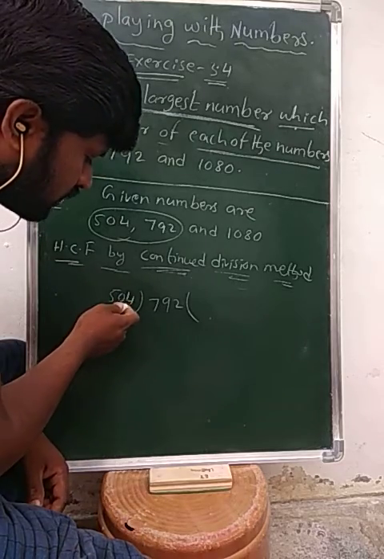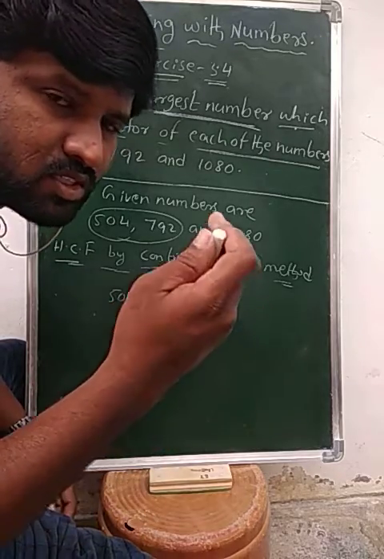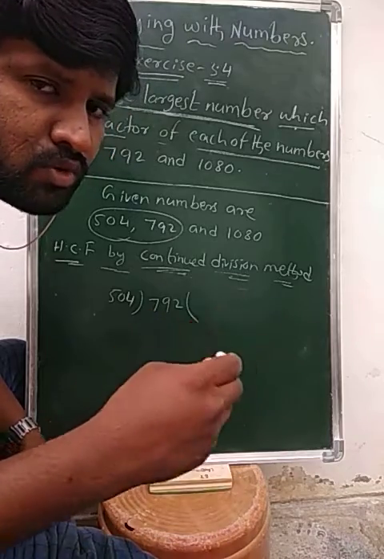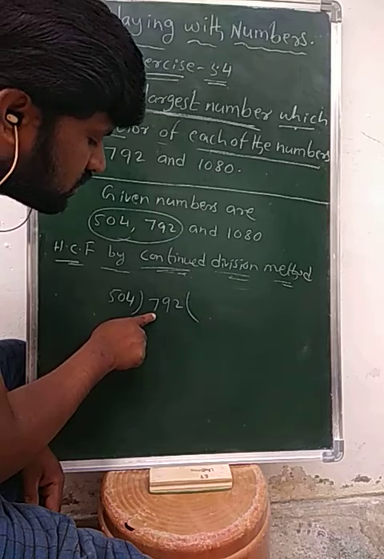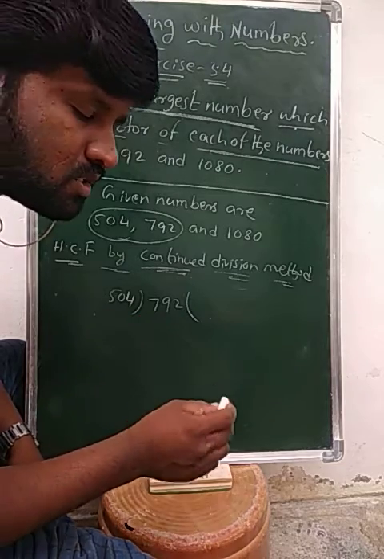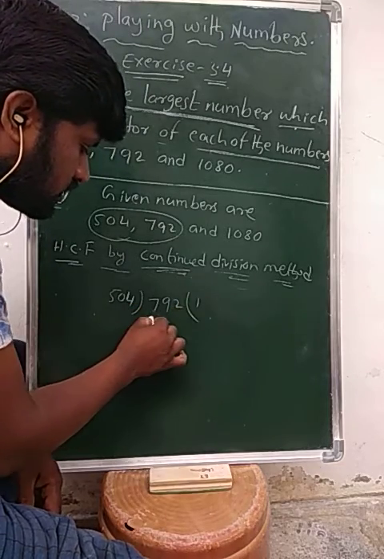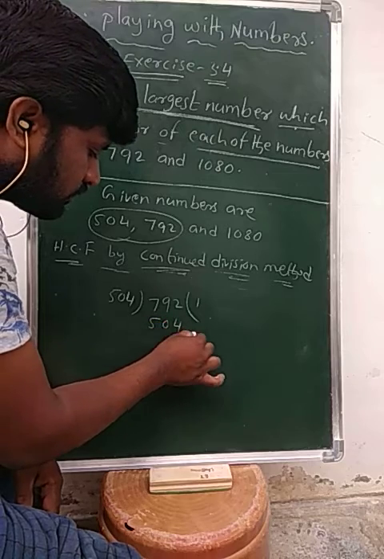By the multiples of 504, 504 ones are 504, 504 twos are 1008, which crosses 792. So that's why 504 ones are 504.